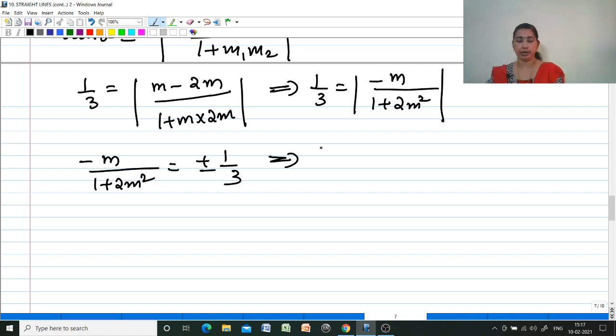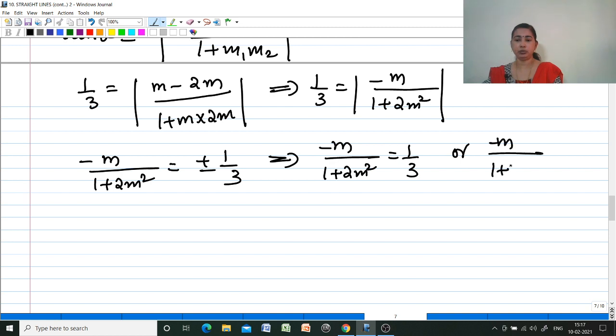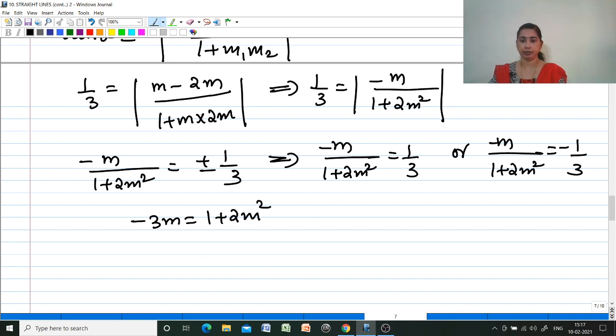That means either minus m by 1 plus 2m square is equal to 1 by 3, or minus m by 1 plus 2m square is equal to minus 1 by 3. We will get 2 values here. We can cross multiply. So minus 3m is equal to 1 plus 2m square, or minus 3m is equal to minus 1 minus 2m square.